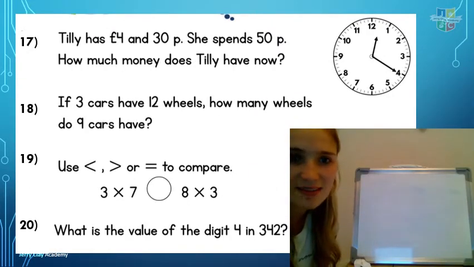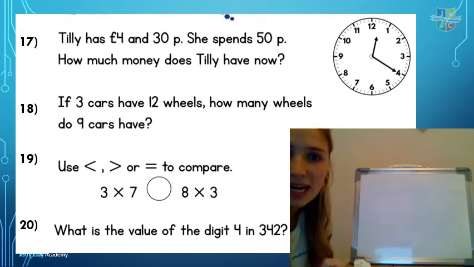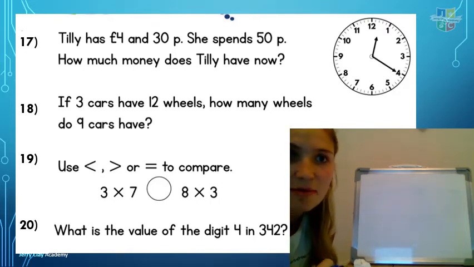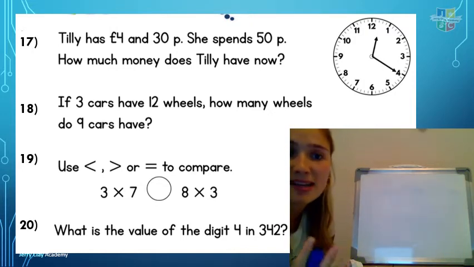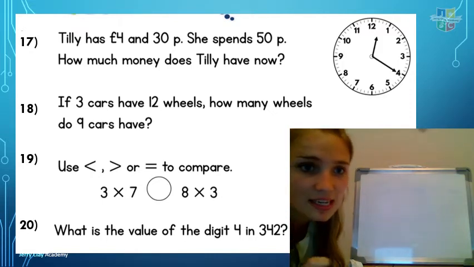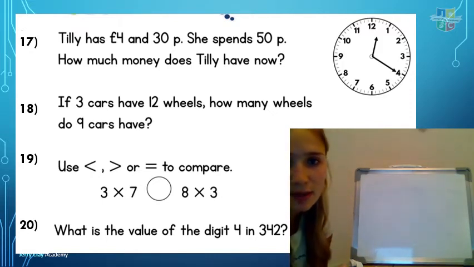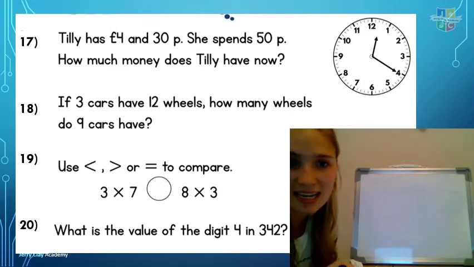Okay, so I'd like you to have a go now at working out what the answer is going to be for the clock. What time on the analog clock is it? Again, if you want to challenge yourself, tell me what time it is on the digital as AM and PM. Then number 17, you're working out how much money does Tilly have now. If she spends money, how much has she got left? If 3 cars have 12 wheels, how many wheels do 9 cars have?